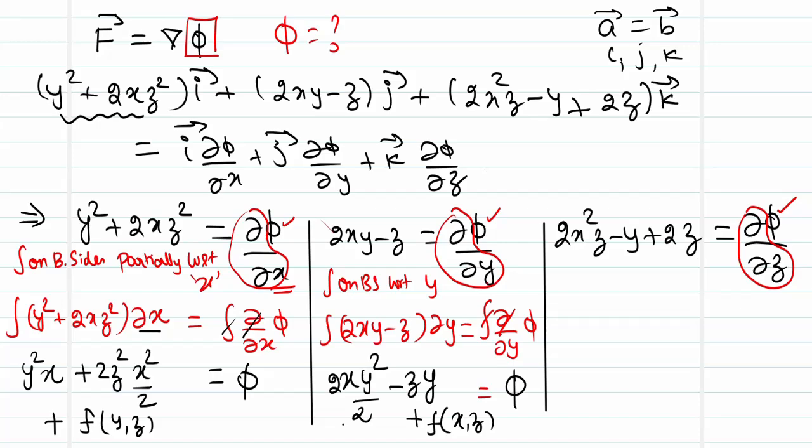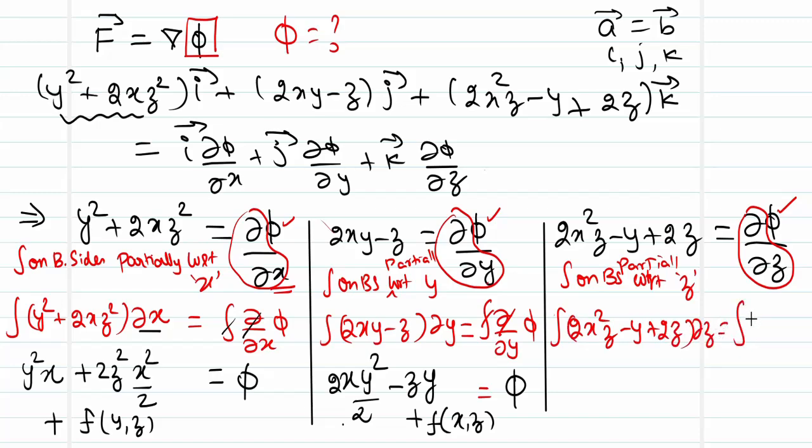Now moving on with the last component, comparing z. So I am integrating on both sides partially with respect to the variable z. When I integrate, you have 2x square z minus y plus 2z with respect to z is equal to the integral of dou by dou z of phi.